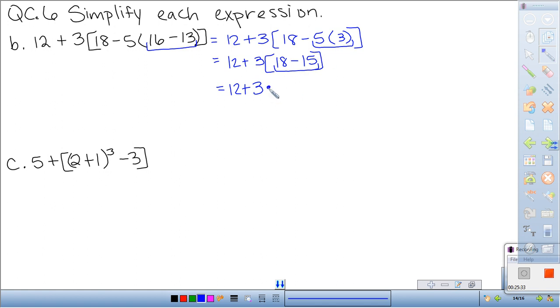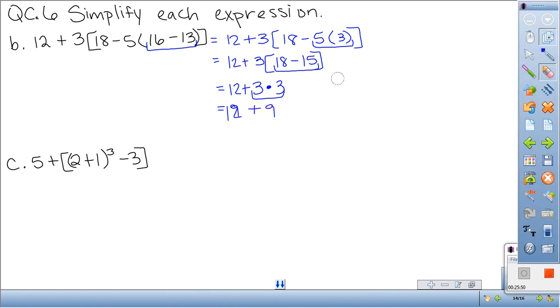So you can change it to a multiplication sign because now we're down to one number. 18 minus 15 is 3. And now it's a very simple PEMDAS problem. Do we multiply first or add first? Always multiply before you add. So we have 12 plus 9, and 12 plus 9 is, of course, 21.